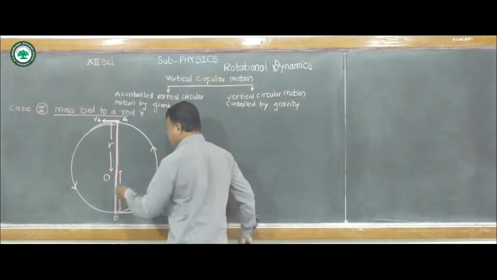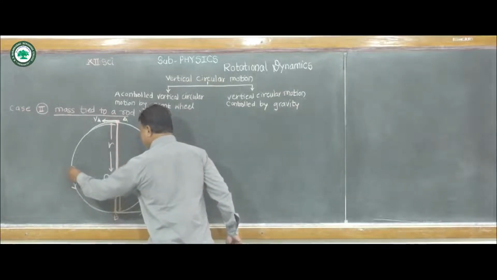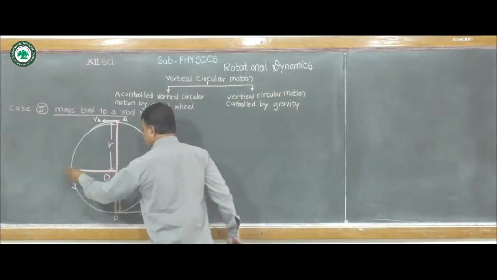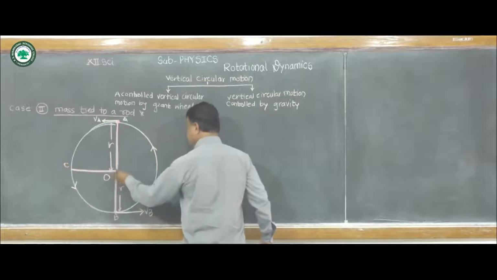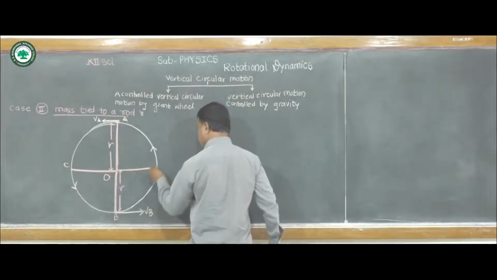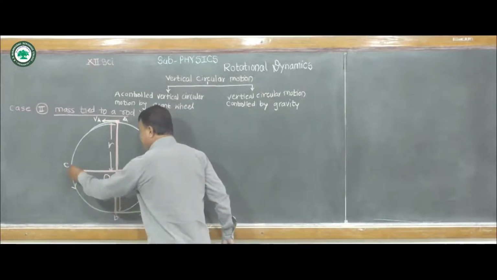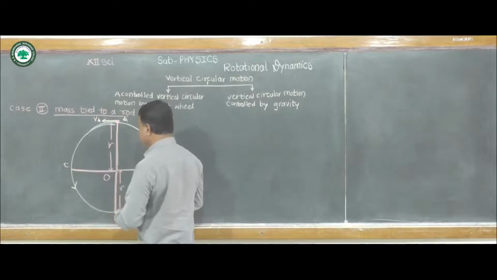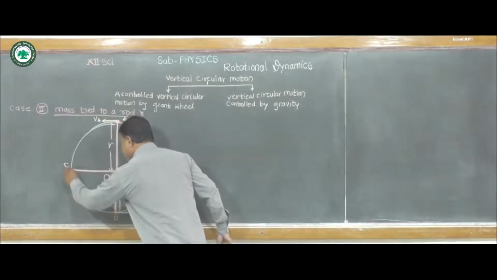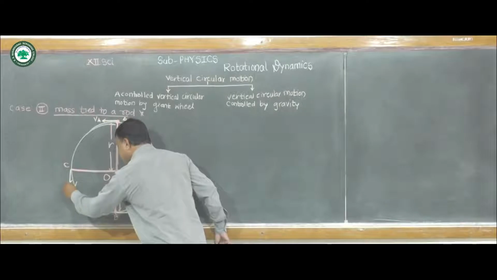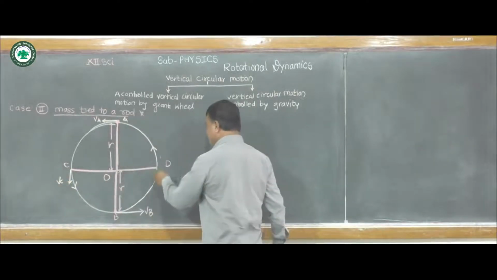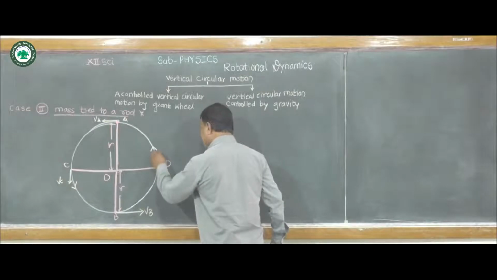Now when particle is at midway position like C and D, now when particle is at position C, then its velocity is along the tangent which is shown by VC, and when it is at point D, then again its velocity is shown by VD.